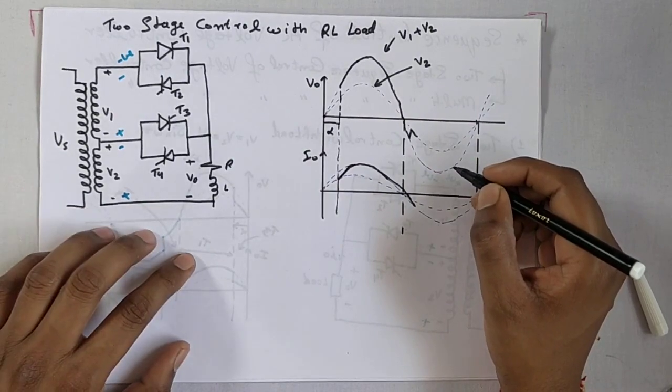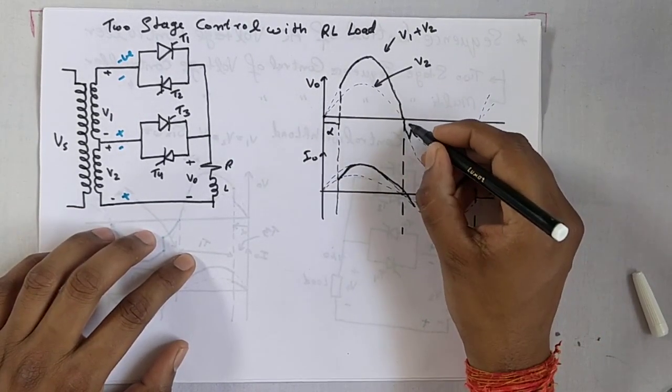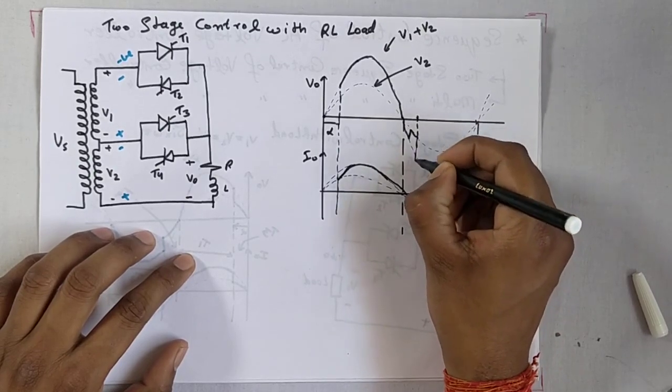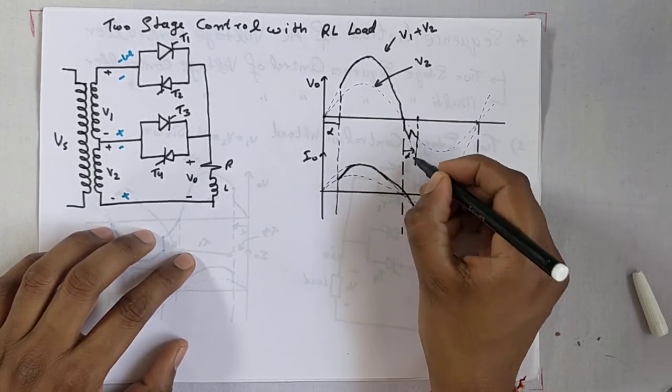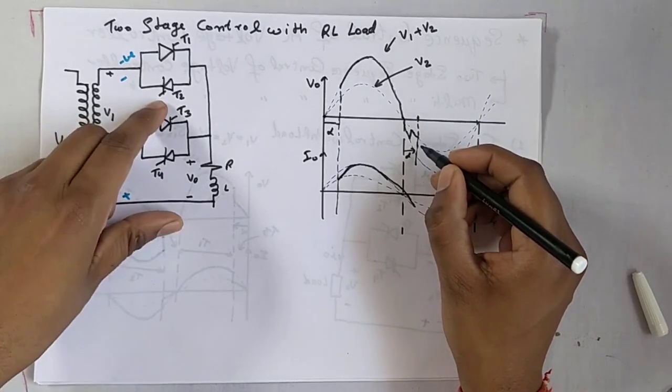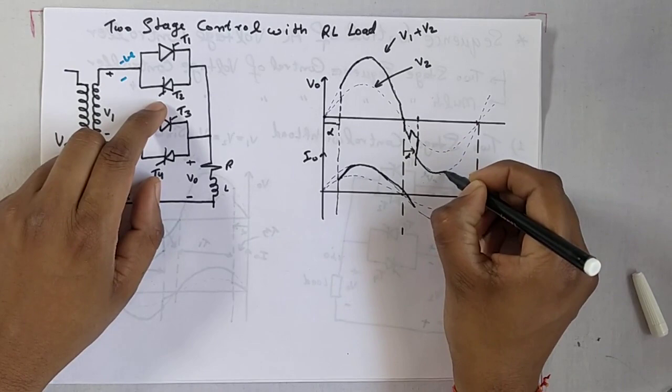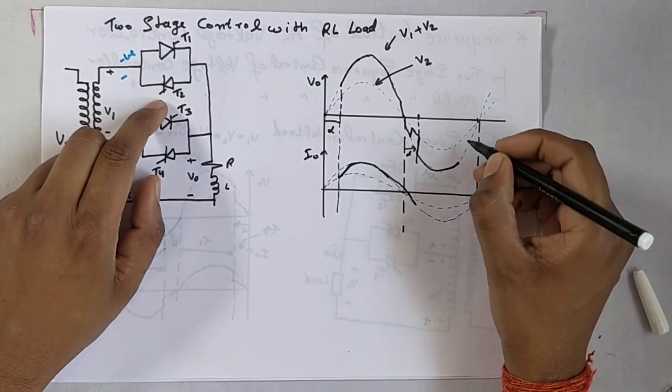Okay. Now at angle alpha, this one is the angle alpha. At angle alpha, again we trigger which one? T2. Trigger T2.